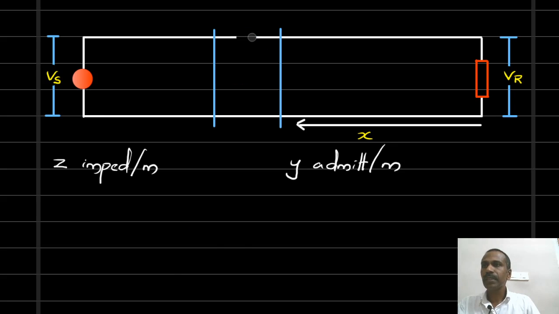And in this particular section we have certain impedance. This is the impedance of the line, even though it is represented by a resistor. Impedance per meter length is Z. Now suppose this transmission section has a length of dx meters. So impedance of this section will be impedance per meter into the length.